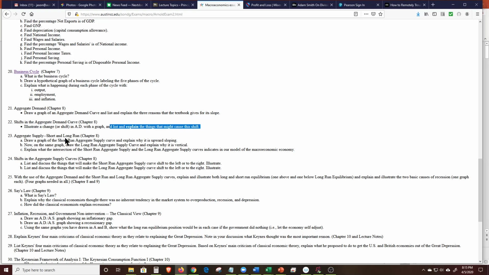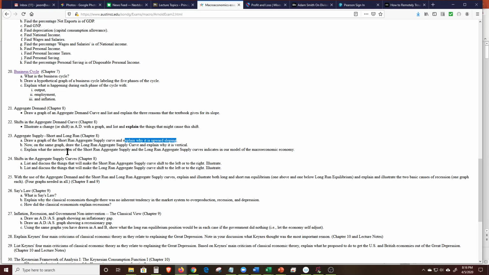We need to draw a graph of the short run aggregate supply curve and explain why it is upward sloping. And then we need to, on the same graph, draw a long run aggregate supply. This is a short run. And explain why it is vertical.